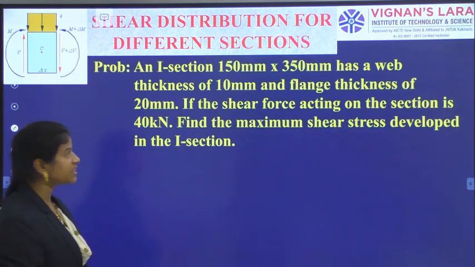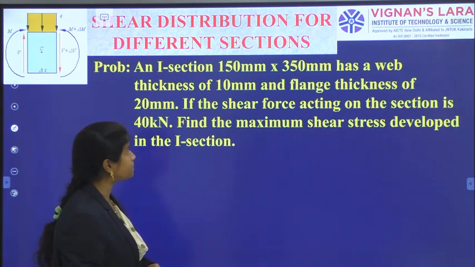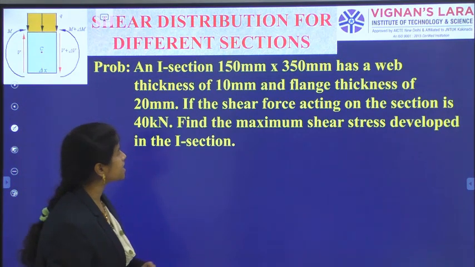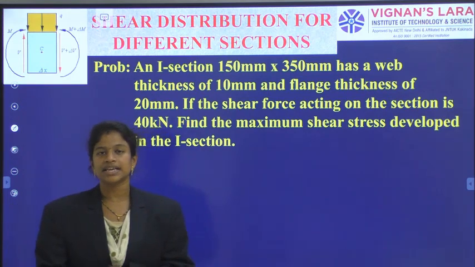Firstly, read the problem and what they have given. An I section 150 mm by 350 mm has a web thickness of 10 mm and a flange thickness of 20 mm. First, you should think or remember what things they are asking.